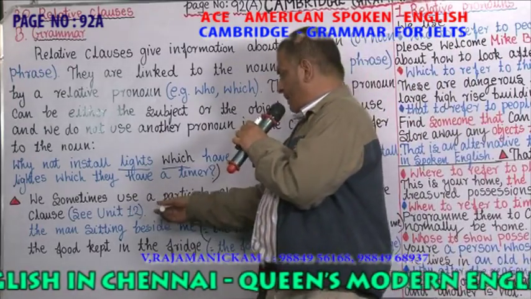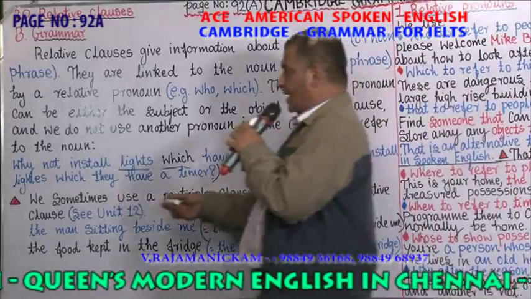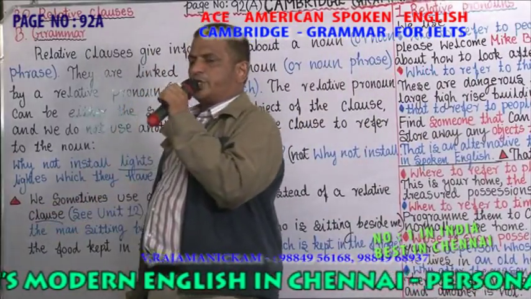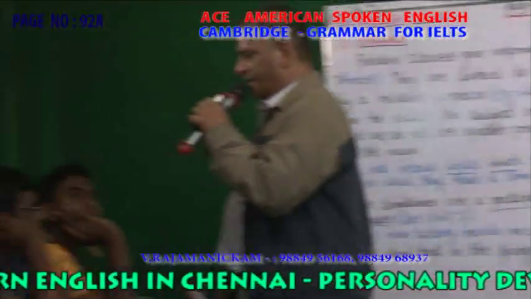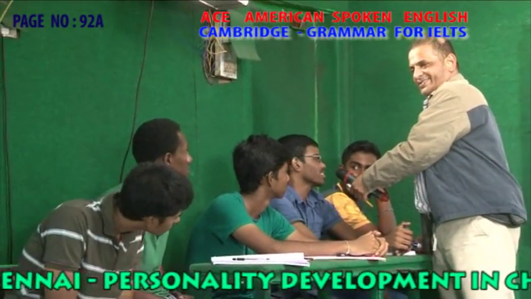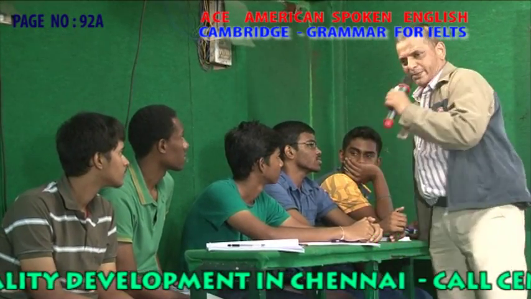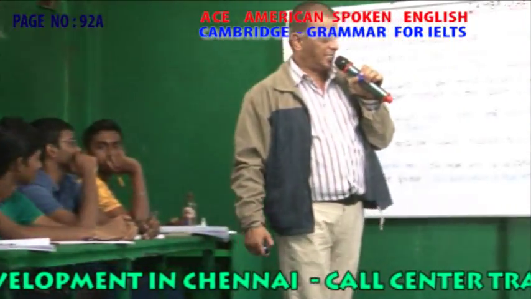We sometimes use a participle clause instead of a relative clause, in which we are using participles. What are the participles? Present participle, past participle. Eating is a present participle. Eaten is a past participle.